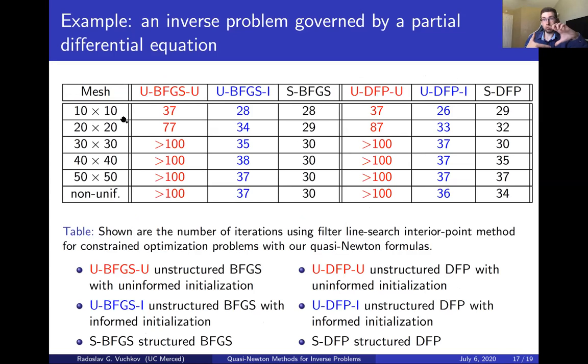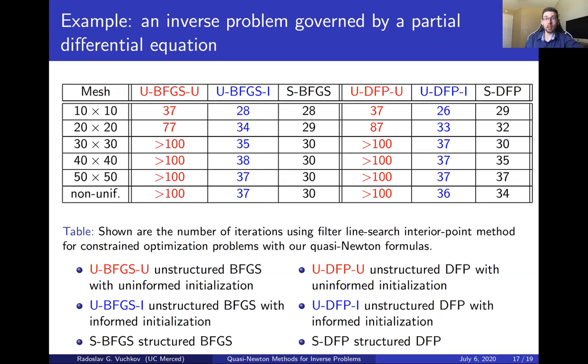And what we're doing is we're solving this in finite element, and we're making the mesh more and more fine, increasing the number of parameters. And the number of iterations increases. And here it's already in the thousands. Versus if we use our infinite dimensional formulas, you see that the number of iterations remains relatively the same. So that's called mesh independence.